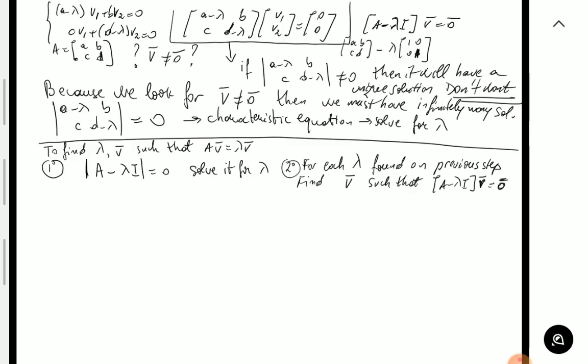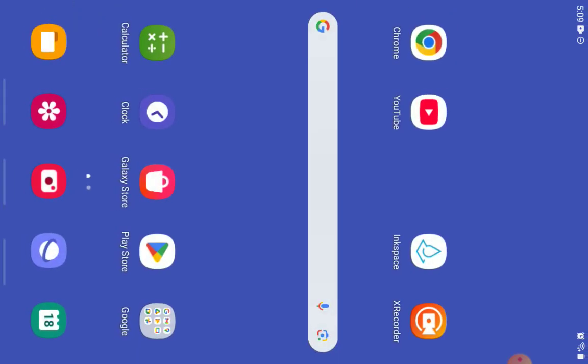So for each lambda, you solve the system in v1 and v2. Okay, so let's illustrate this with an example. And by the way, you should expect infinitely many solutions. Usually we give a representative of these solutions.